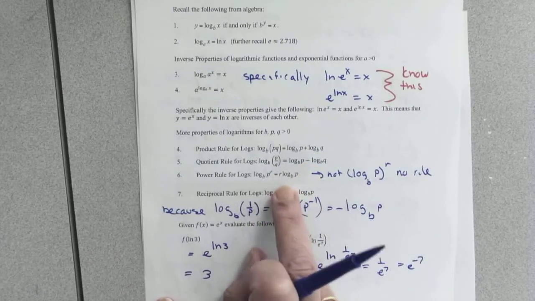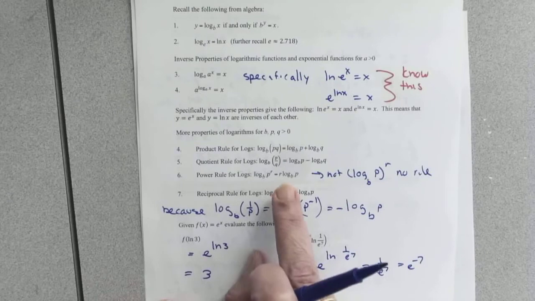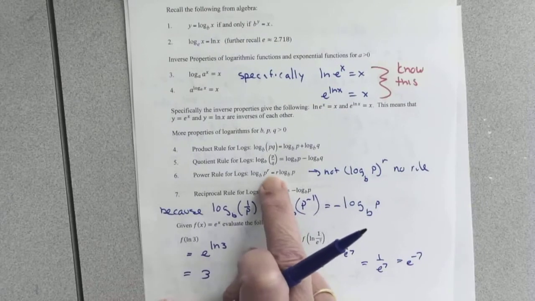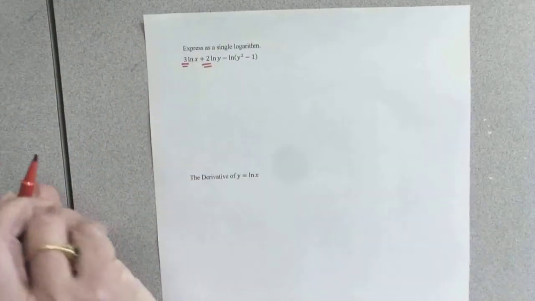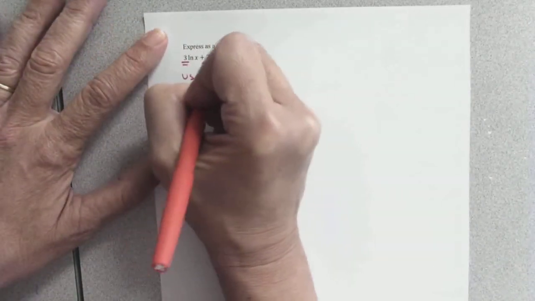Our rule that talks about coefficients is the power rule, and a coefficient can go up and become an exponent. So looking here, what I have to do first is start with the coefficients. So I'm going to start here on those guys, and I'm going to use the power rule.